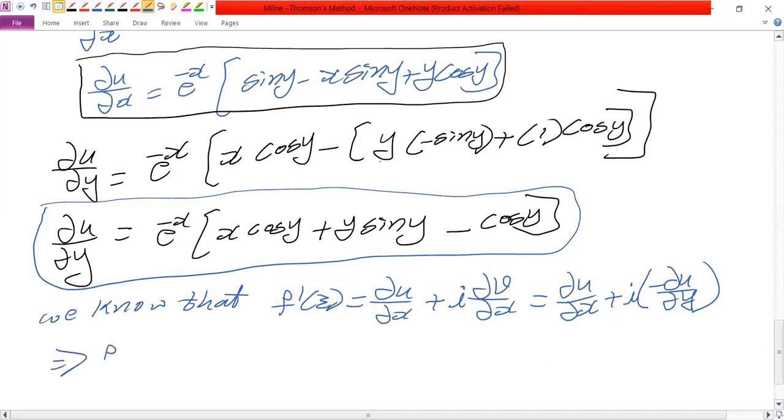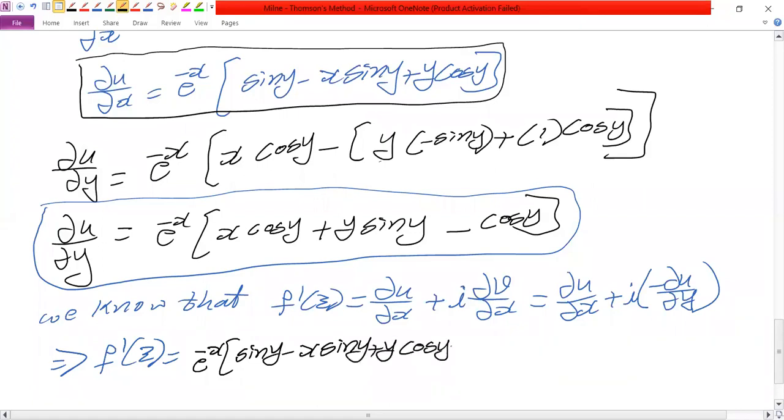F dash of z equals dou u by dou x, which from our first box is e power minus x into sin y minus x into sin y plus y into cos y, minus i into dou u by dou y.